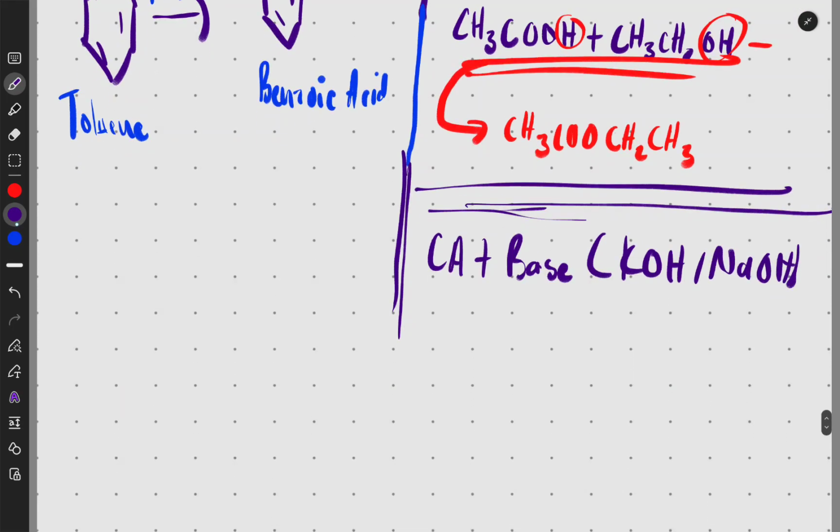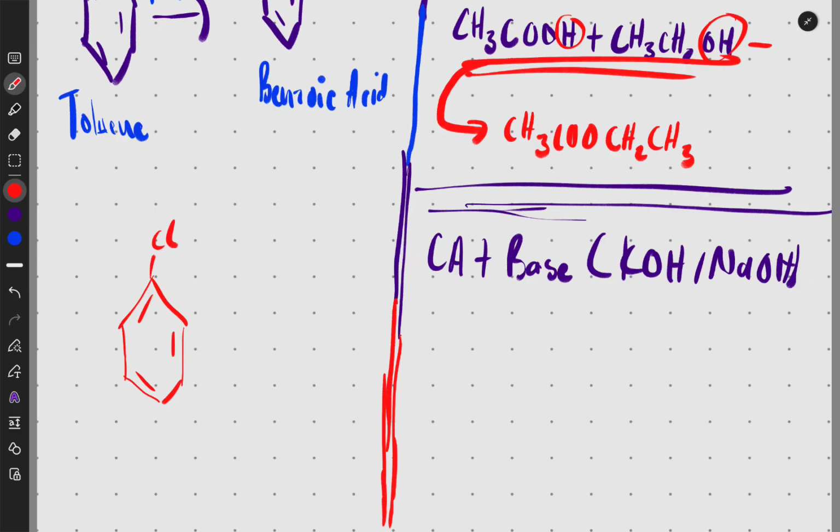What are we going to have? Now, this NaOH, we've talked about it a bit. We've talked about it with alcohol. We've talked about it with something that had a chlorine, especially the ones where you have your benzene ring like this and you're going to have a chlorine on it. You remember this or you don't?